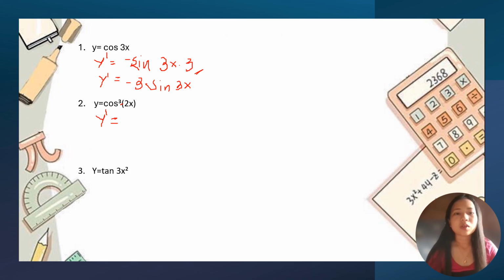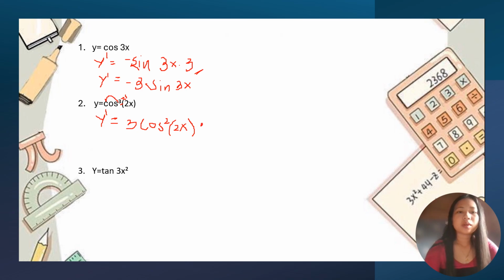So we transfer this 3 here, and we get 3 cos, then we deduct 1 from the exponent, so we get 3 cos squared 2x.